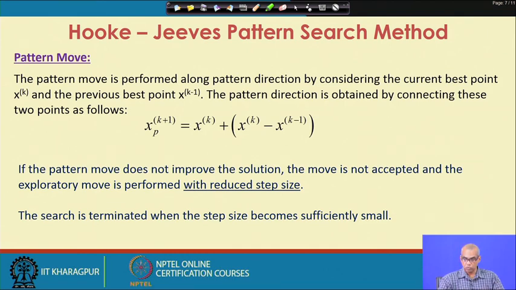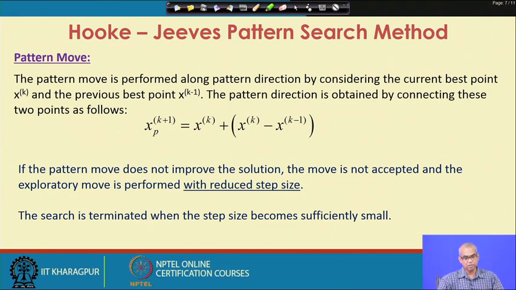So, if the pattern move does not improve the function value, we will reject the move and then perform the exploratory move again, but with reduced step size. You can say divide the step size by 2 and perform the exploratory move again.